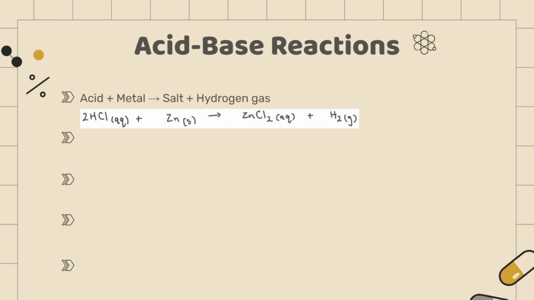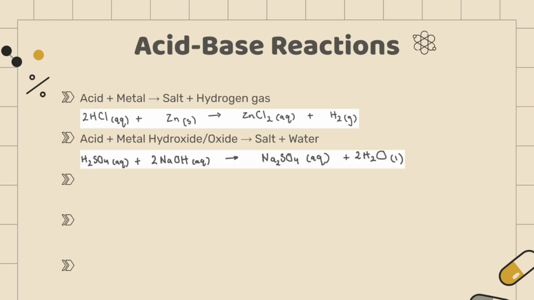The second type of reaction that you have is your acid plus metal hydroxide or metal oxide, okay? When you react these two together, you will get a salt and water, okay? So here's an example.